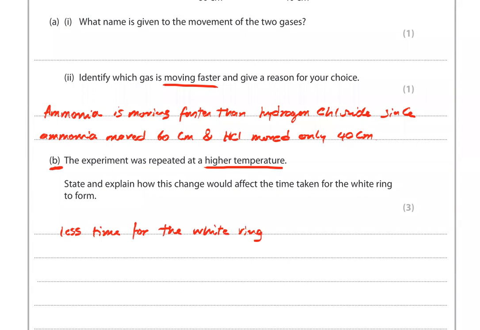It takes less time, less than 5 minutes, to form. Why? Because the particles, which are molecules of ammonia and hydrogen chloride, have more energy, which is kinetic energy, so they diffuse faster.